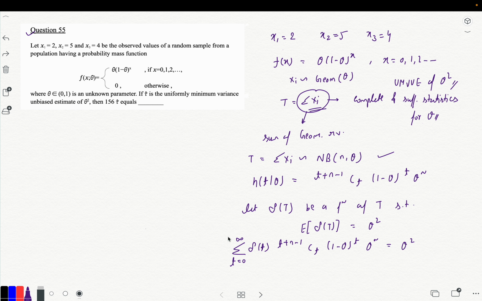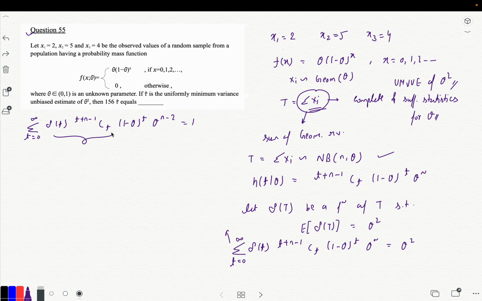Further simplifying, it is summation t equals 0 to infinity delta t (t plus n minus 1) C t (1 minus theta) to the power t. Now I can transfer theta square here, so it will be theta to the power n minus 2, equals 1. Now we have this delta t (t plus n minus 1) C t.